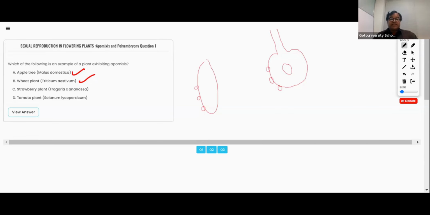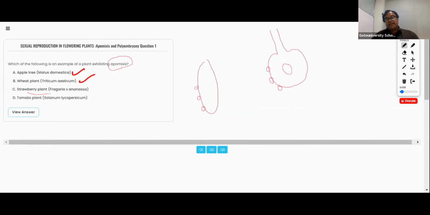That is not the case in apple. In the apple fruit, we observe the seed in the center, whereas in strawberry, the seed is at the outer surface of the fruit. That is because of apomixis. I already told you many varieties of apomixis. So strawberry is the outcome of apomixis. Tomato seed is not the outcome of apomixis.